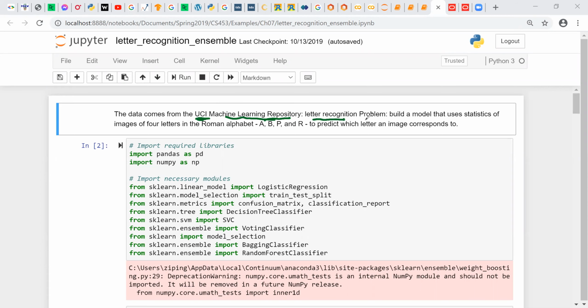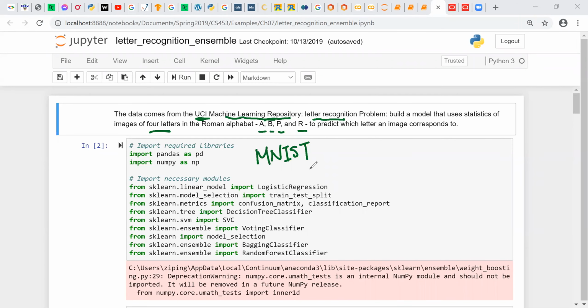We build a model for the images of 4 letters: A, B, P, R. And previously we learned this. Who still remembers what this is? MNIST. That's also one of the most classical data sets.